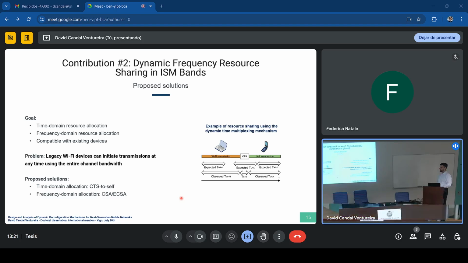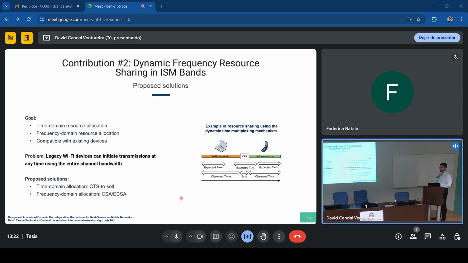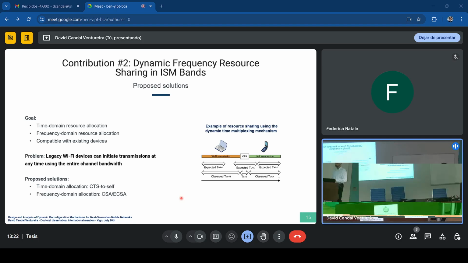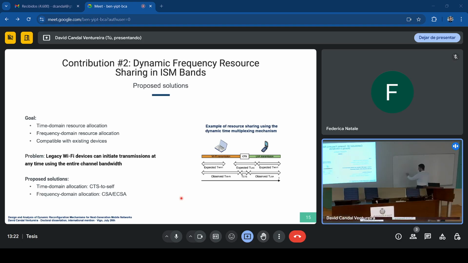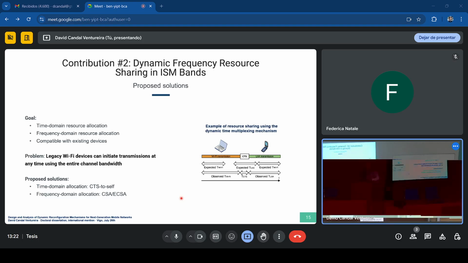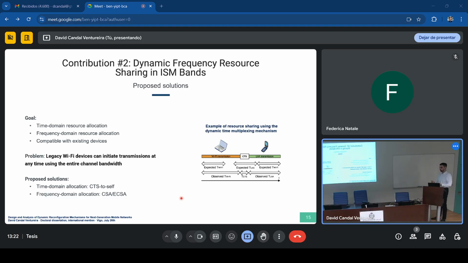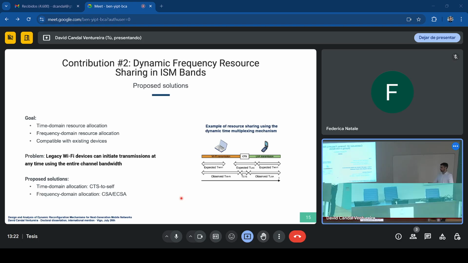And when using aggregation, I don't remember the numbers, but they can concatenate several Wi-Fi frames, and therefore transmissions may be extended, not ending at the moment the system planned to reserve the resources for the LTE transmissions.